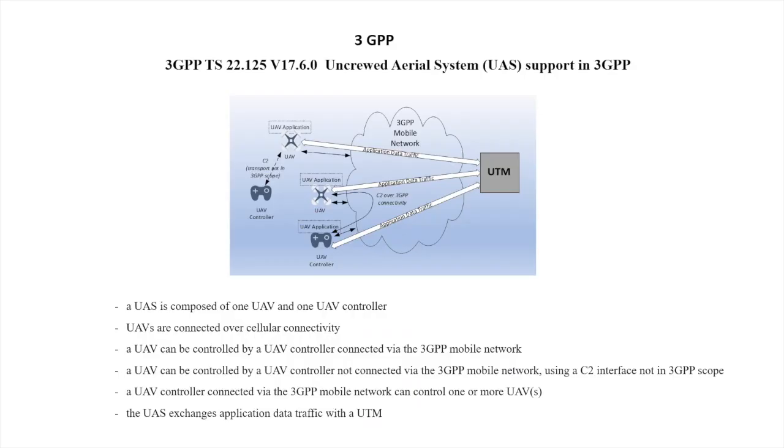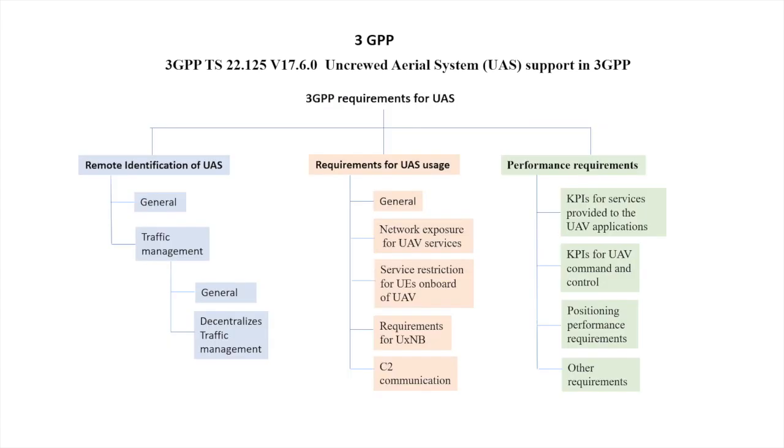This slide shows assumptions and use cases taken for the requirements. You see that the 3GPP network is an intermediary between UAS and UTM. It provides connectivity between UAV, UTM, and UAV controllers. Taking into consideration country-specific policies and international standards, 3GPP defined a set of requirements for 5G mobile networks which support UAV-related businesses.